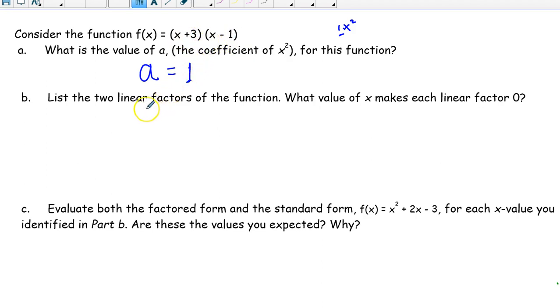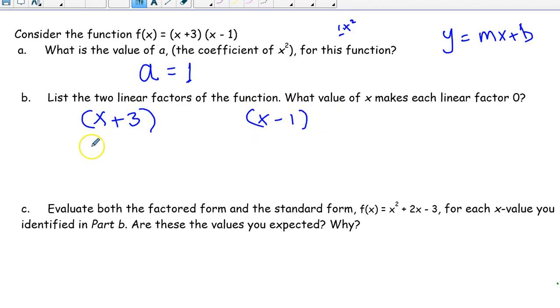In your previous classes you studied the standard form of a linear function, that is y is equal to mx plus b. That's the thing, linear equations and all. So here I have x plus 3 as one factor, and the other one is x minus 1. I'm writing it separately so that I can find the zeros also. Okay, these are the two linear factors.